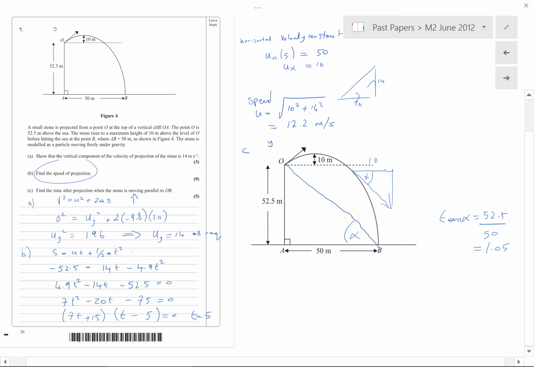It's the angle with the horizontal, and those two are parallel. So this side must be 10 tan alpha, which is 10 times 1.05, which is 10.5. So the vertical component is minus 10.5. That's clear because it's downwards.